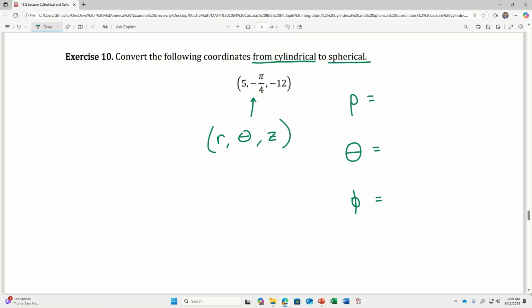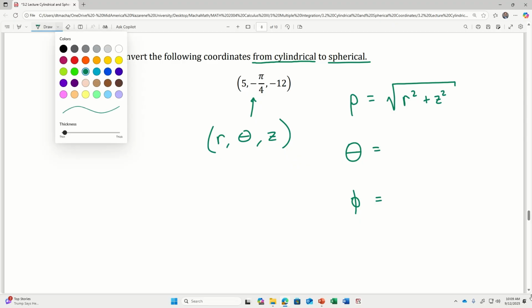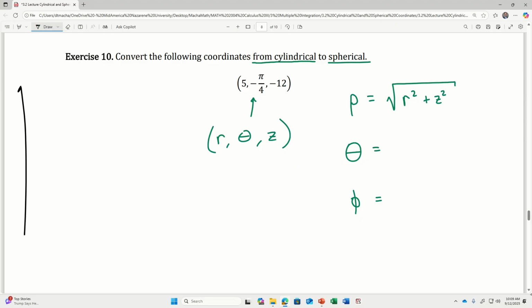Rho is once again going to be given by the Pythagorean theorem. And I can draw the picture again. Because here's my point, and then this is rho, this is r, and this is z.